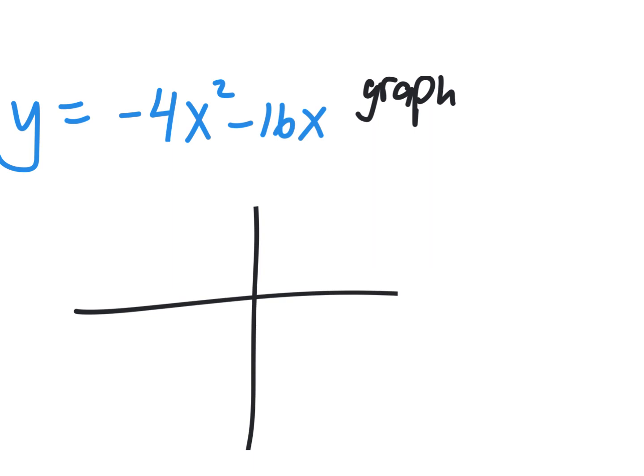And by now, if you haven't figured out that you factor out a negative 4x, I've got to help with that, because if you didn't factor that out, you're going to get the whole problem wrong. So factor it out that way. I'll pause for a second while you make a graph that tells me the x-intercepts, tells me the y-intercept.